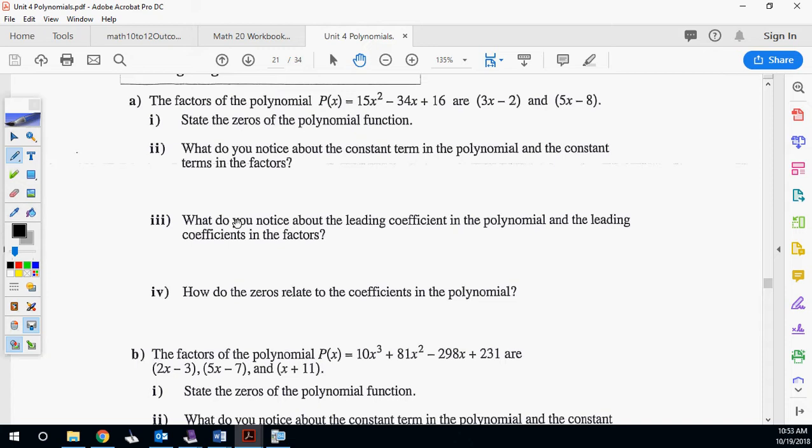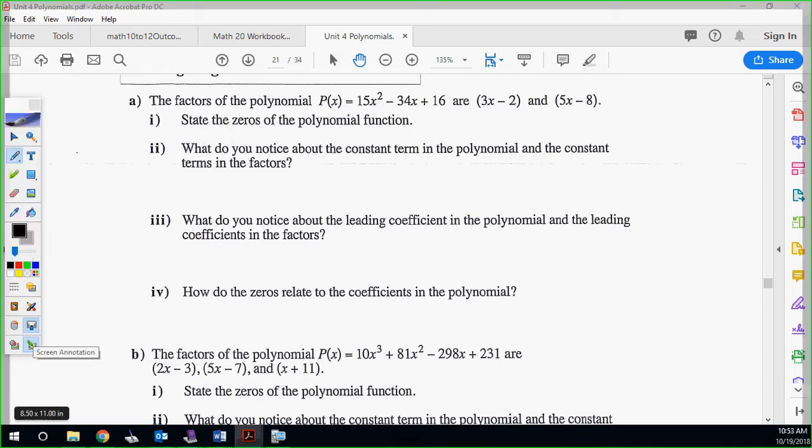The zeros of this one are 2/3. Right? Add the 2, divide the 3, and 8/5. What do you notice about the constant term in the polynomial and the constant terms in the factors? So 2 and 8.